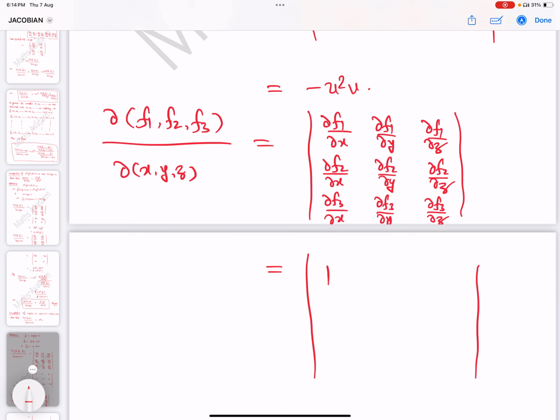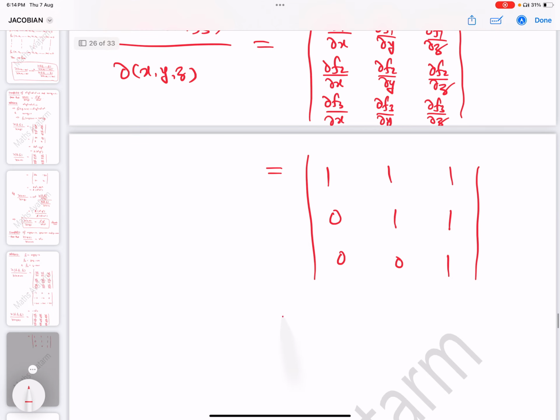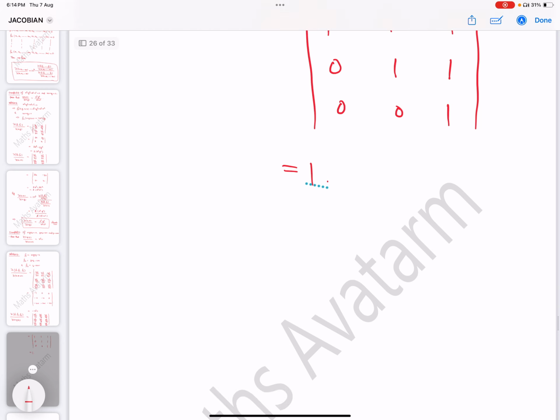This is 1, this is 1, this is 1. Okay. This is 0, this is 1, this is 1. This is 0, this is 0, this is 1. So what is the determinant of this matrix? Is it 1?